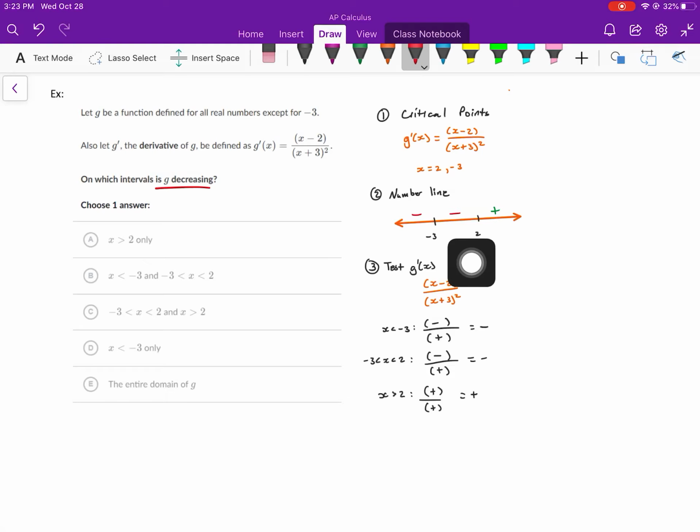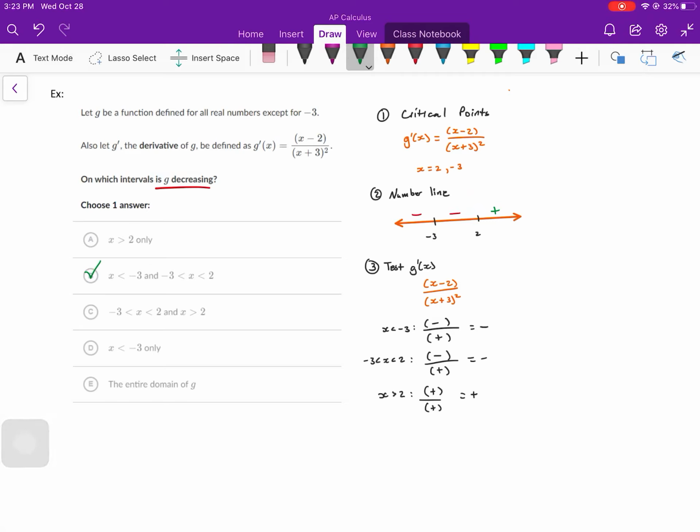Negative 3 to 2, not just that. I think everything to the left of 2, if that's an option. So x is less than negative 3 and between negative 3 and 2. And I think Khan fixed that because technically it's not decreasing at negative 3. They used to include that whole interval. Looks like they fixed that though. But at negative 3, technically the derivative is 0, so we're not increasing or decreasing.